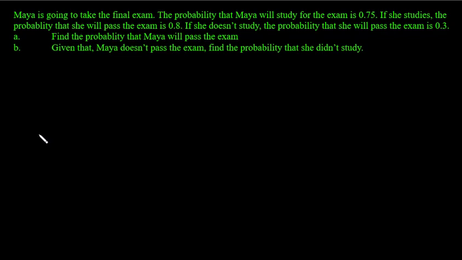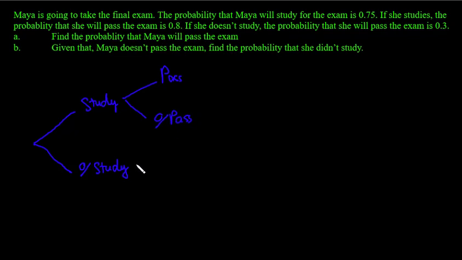First of all, we construct a tree diagram. The first branch is study, the second is no study, and then each leads to pass or not pass.